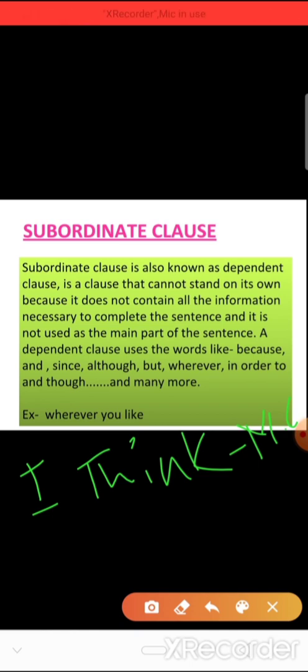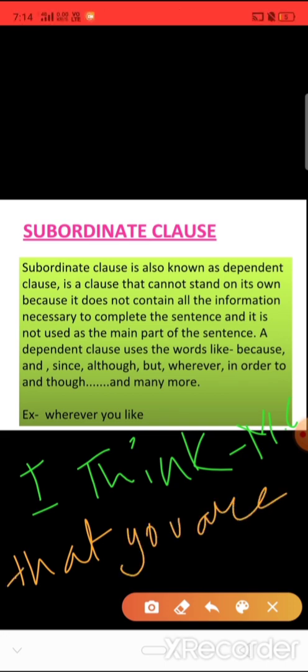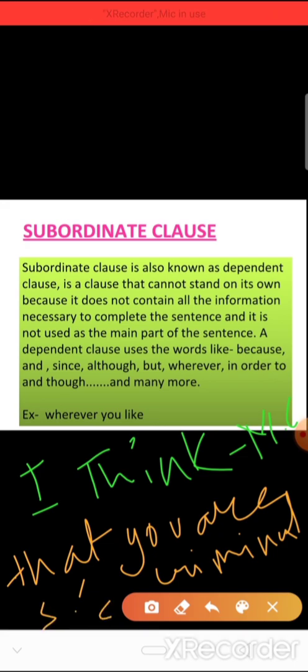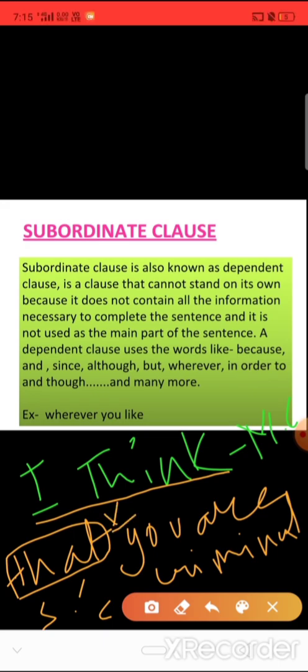But if I add here that you are criminal, I think is the main clause. That you are criminal is the subordinate clause. Now, that is here the connector. That means it will connect the main clause to the subordinate clause. I think that you are criminal.